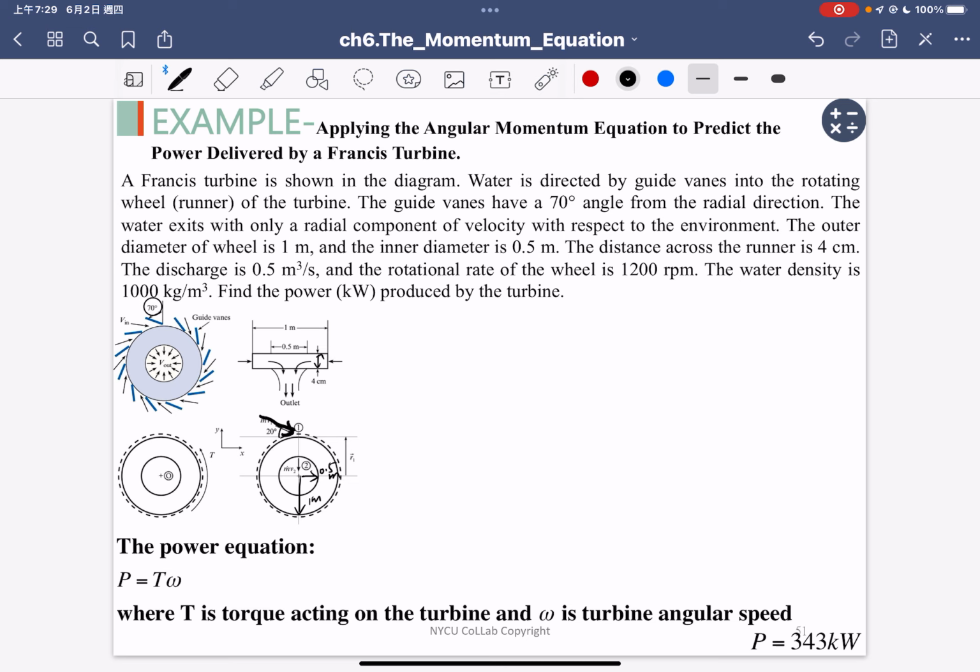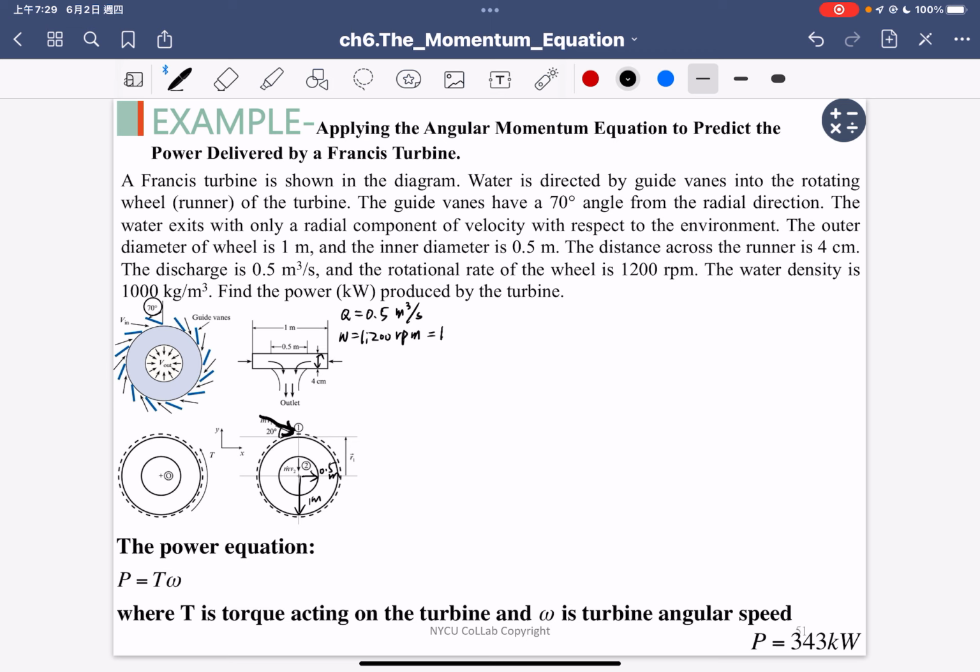Okay, and actually we know that the discharge in this problem is 0.5 cubic meters per second. Okay, and the rotational rate of the runner is 1200 revolutions per minute. So we first convert the RPM to radians per second.